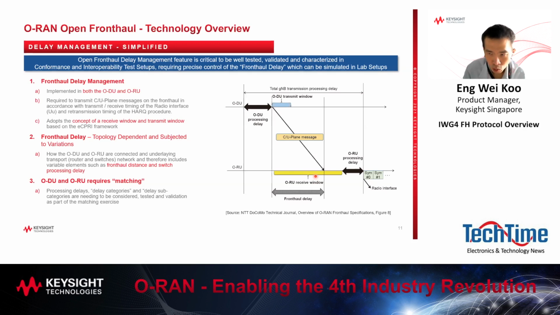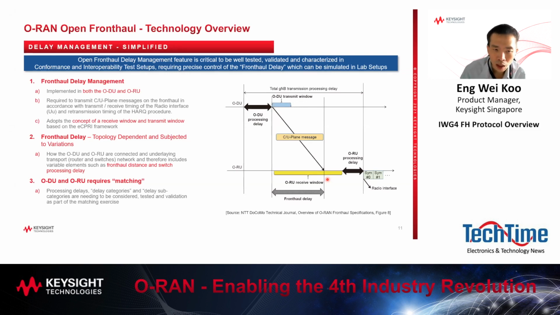So the timing has to be extremely accurate to make sure that anything that was actually sent in the downlink or received on the uplink, right, has to be synchronized very, very carefully, just to make sure that the air interface or the packets, right, that's supposed to be sent out to the devices and received on the devices in the downlink and uplink respectively, can be sent and received on time and correctly. So this is an extremely critical feature to be tested and making sure that it's actually well optimized, which otherwise for an open front haul would not work.